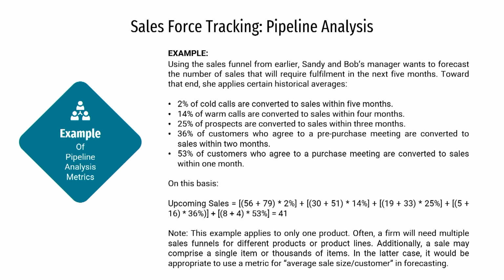Then prospects, 19 plus 33 multiplied by 25%. Then pre-purchase, 5 plus 16 multiplied by 36%. And ultimately 53% of the customers who agree to the purchase meeting are converted to sales within 1 month, so 8 plus 4 multiplied by 53%. Overall I can easily compute the forecast as 41.